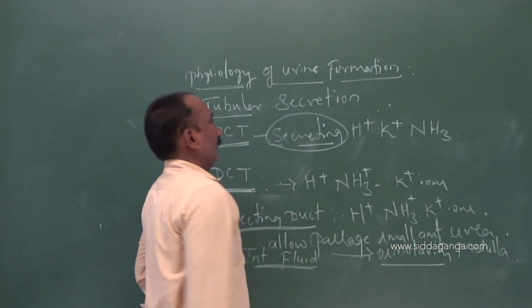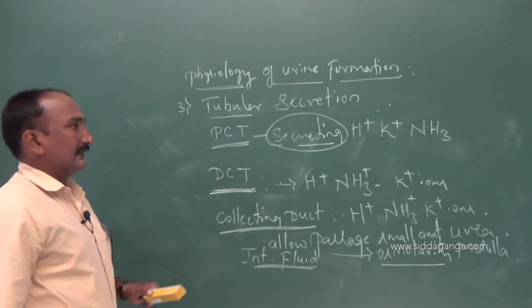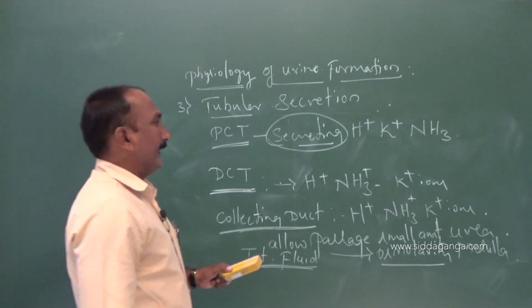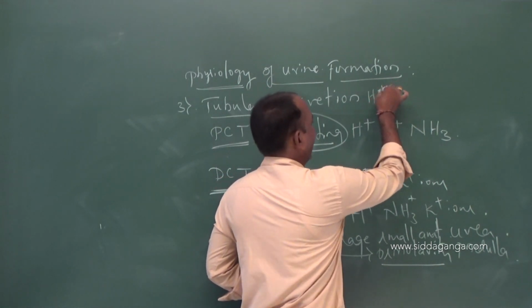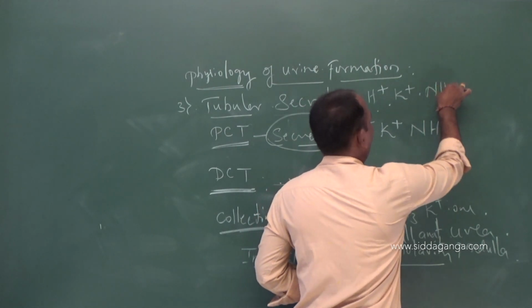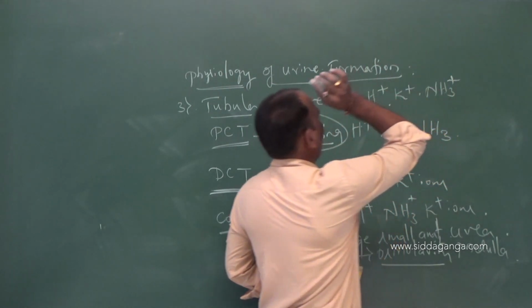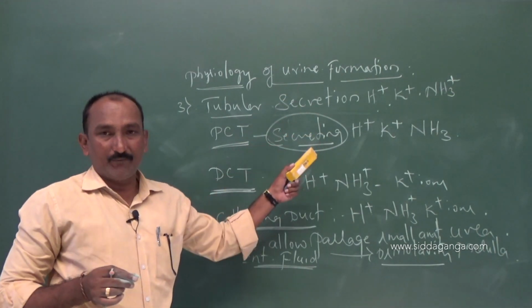So, tubular secretion is the process of secreting substances like H plus, K plus and even ammonia with the help of various tubular parts of the nephron.